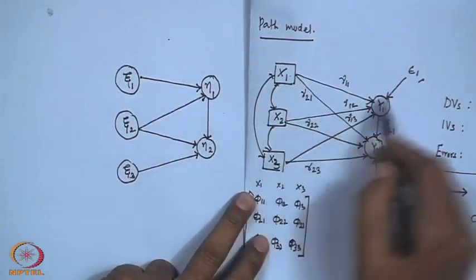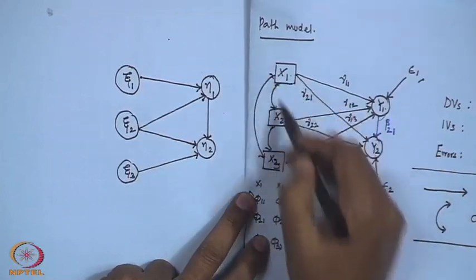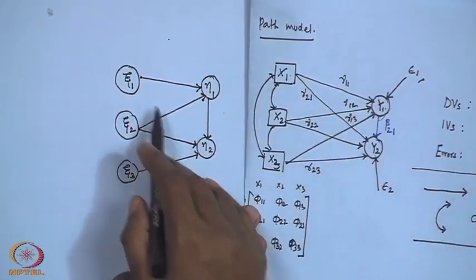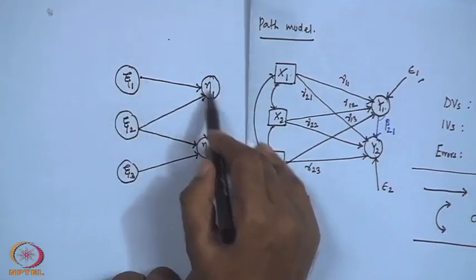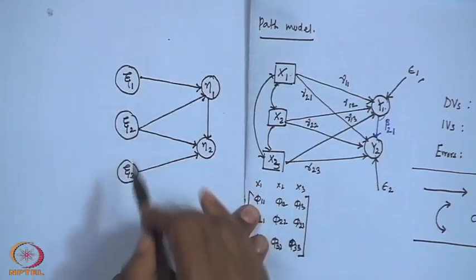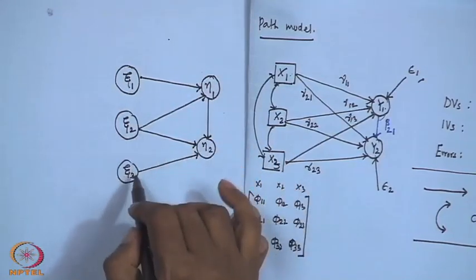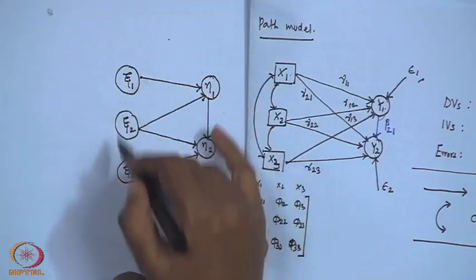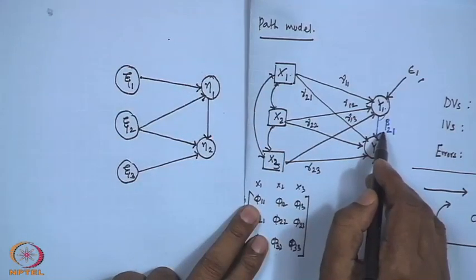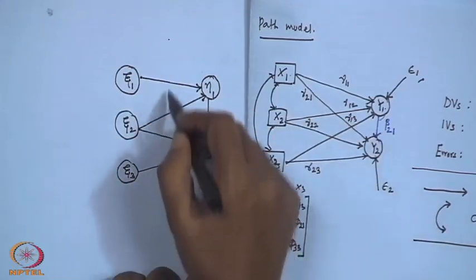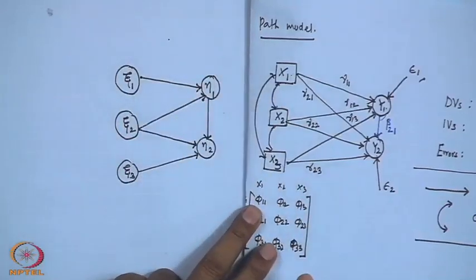There, all the x variables are linked with y 1. Here we are restricting that eta 1 is affected by xi 1, xi 2 and eta 2 is affected by these two. So this structure is similar to that structure, except some of the links are omitted.